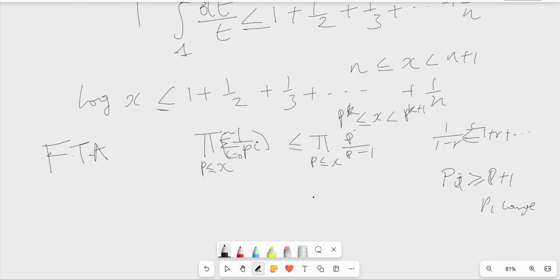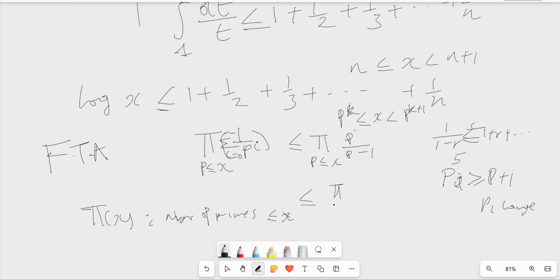And that's why we can say this, or even after 2 or 3, I think the third prime will be 5. Then from here, you can say this is less than or equal to the number of primes. Let's use this notation: pi(x) denotes the number of primes less than or equal to x.